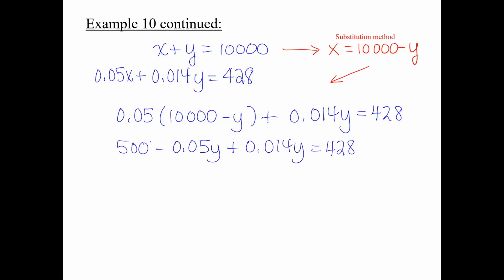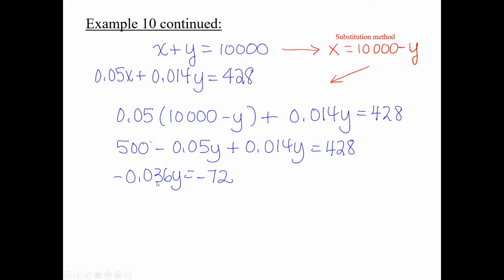Okay, so what we did next, although it doesn't forewarn you, is I took 0.05 times 10,000, which gave me 500, and 0.05 times negative Y here, and 0.014 times Y, that didn't change, and the 428 didn't change. Now I need to take this 500 to the other side, combine these 2 Y's.